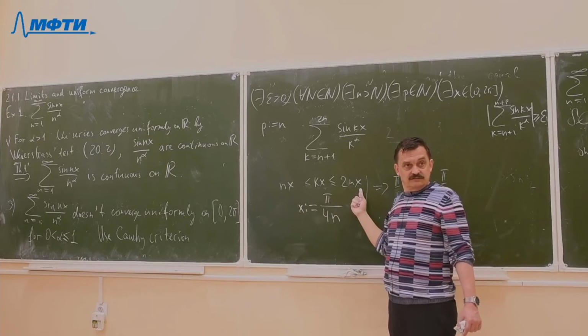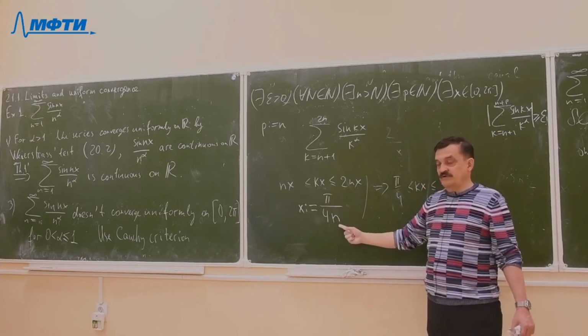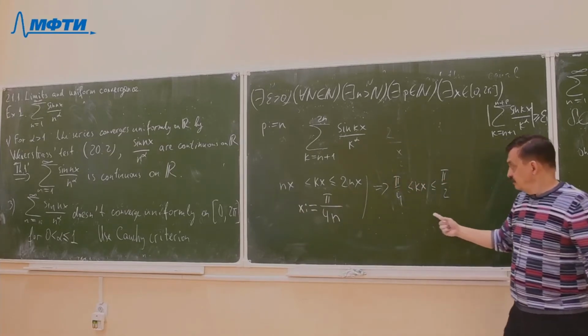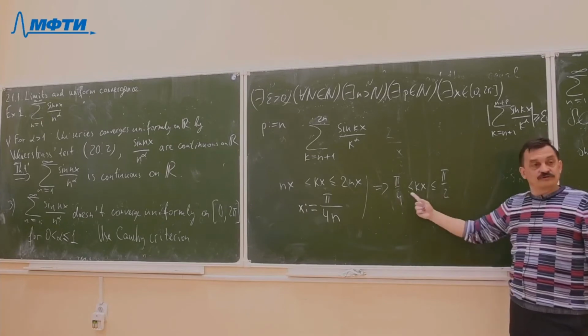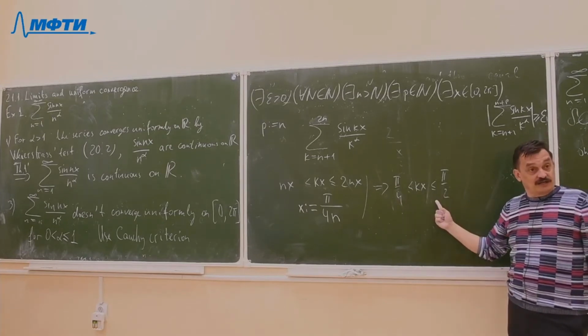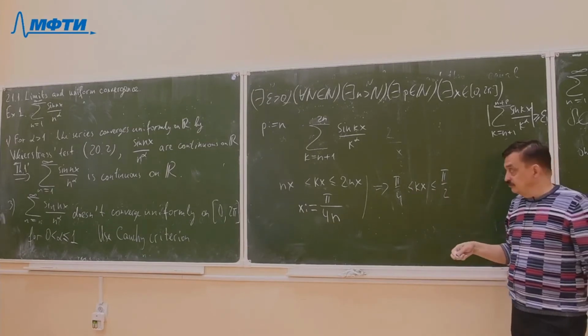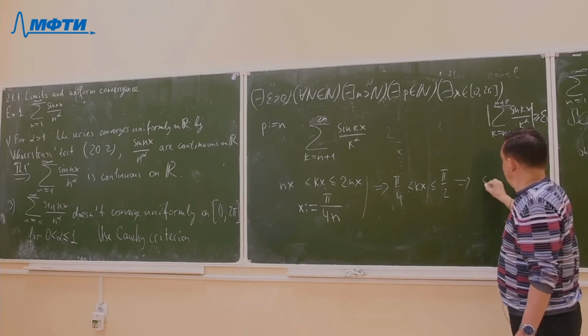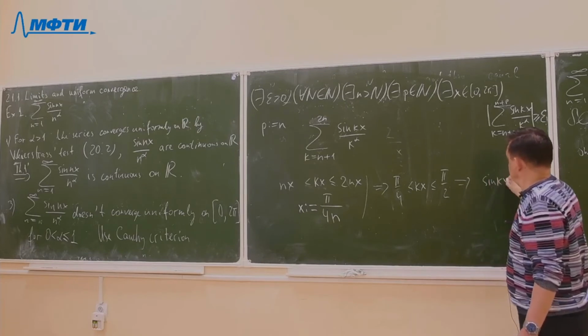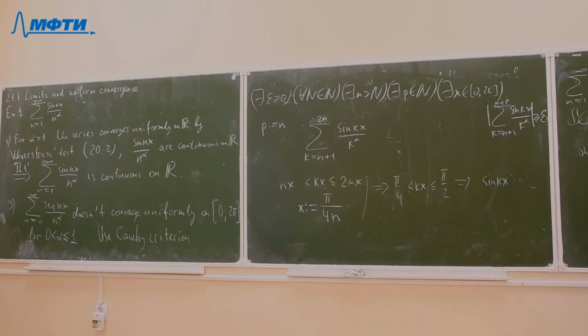And if we substitute our value of x, then we deduce the following restrictions for kx. And if kx is from pi over 4 up to pi over 2, then what can we say about sine kx? It is greater than sine of pi over 4, which is 1 over square root of 2.